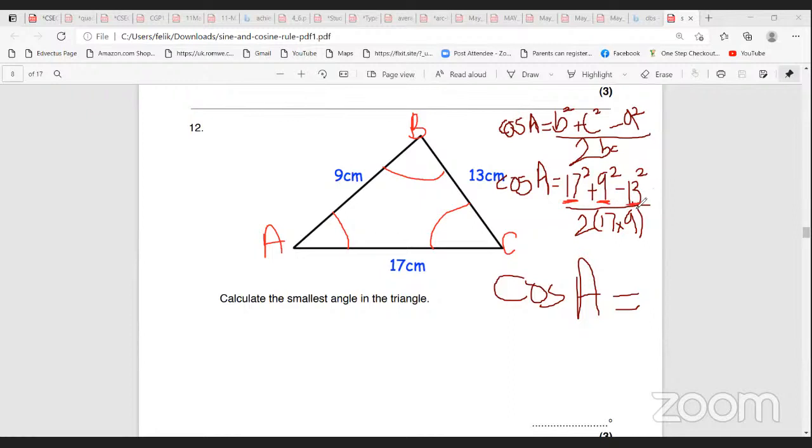Minus 13 square, which is 201. All right, 201. Leave that aside.